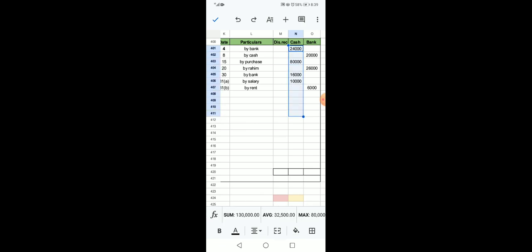Very simple. The difference between the total amount received and the total amount paid would be considered as cash in hand. Means total cash paid is subtracted from total cash received, and the remaining amount is still in your hand. This is what we are going to do.